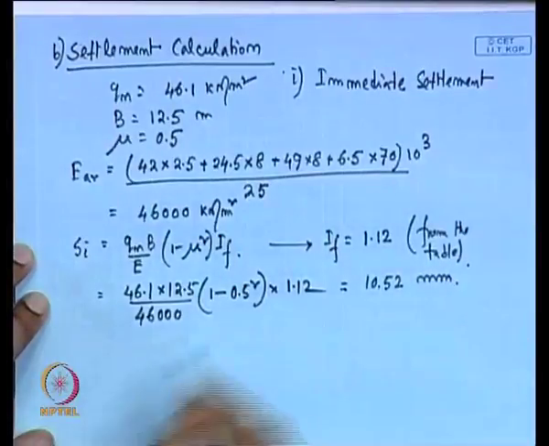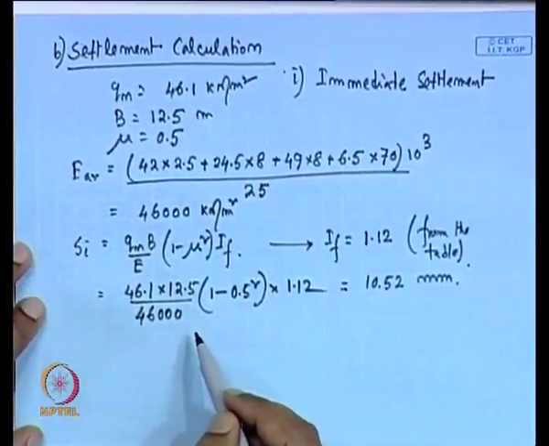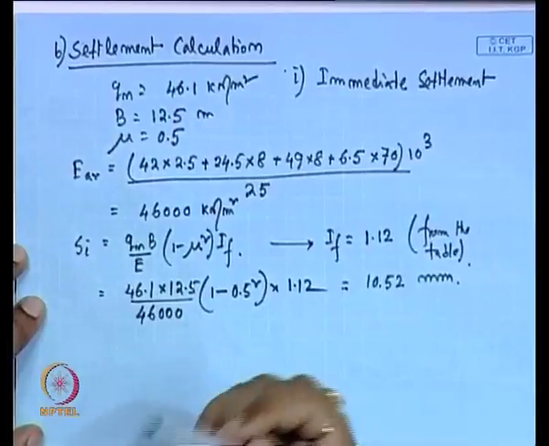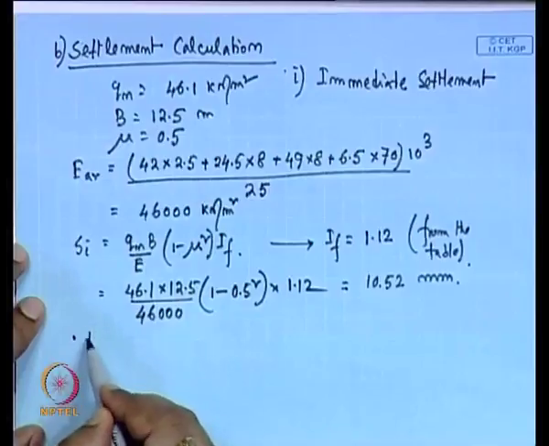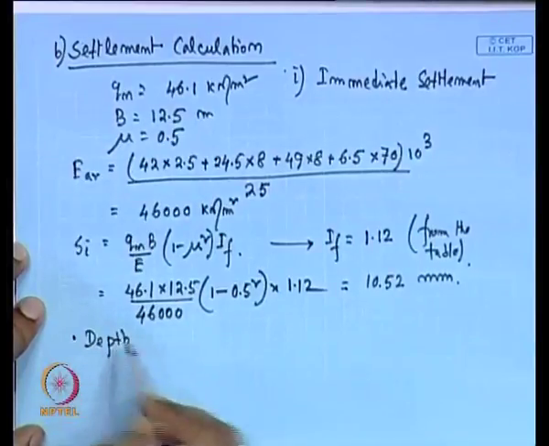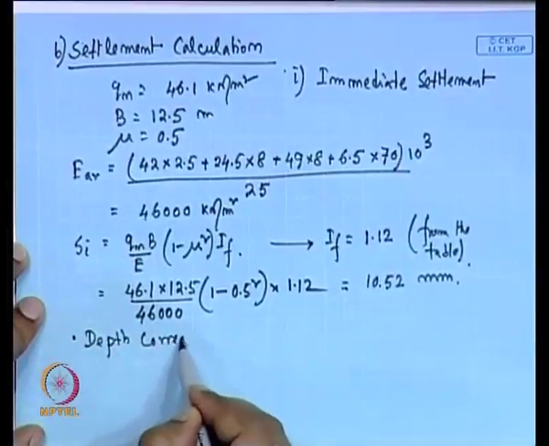millimeter. Now, here this is the raft foundation, so this is a rigid foundation. Here we have to apply two corrections, one is rigidity correction, another is depth correction. First we will apply the depth correction factor.